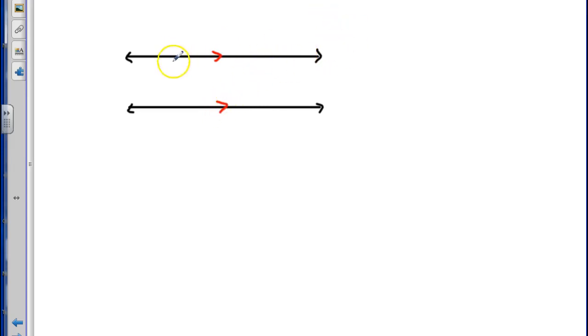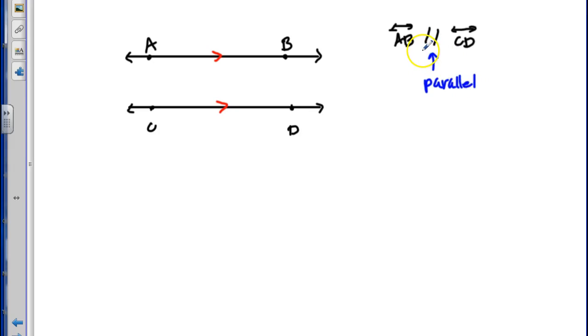Let's say that this is line AB and line CD. So line AB, we would say, is parallel to line CD. This symbol in the middle means parallel.